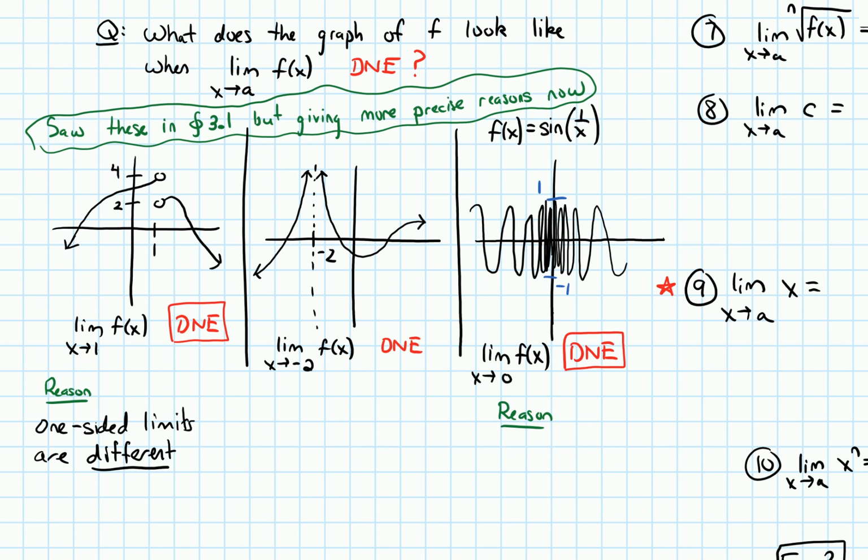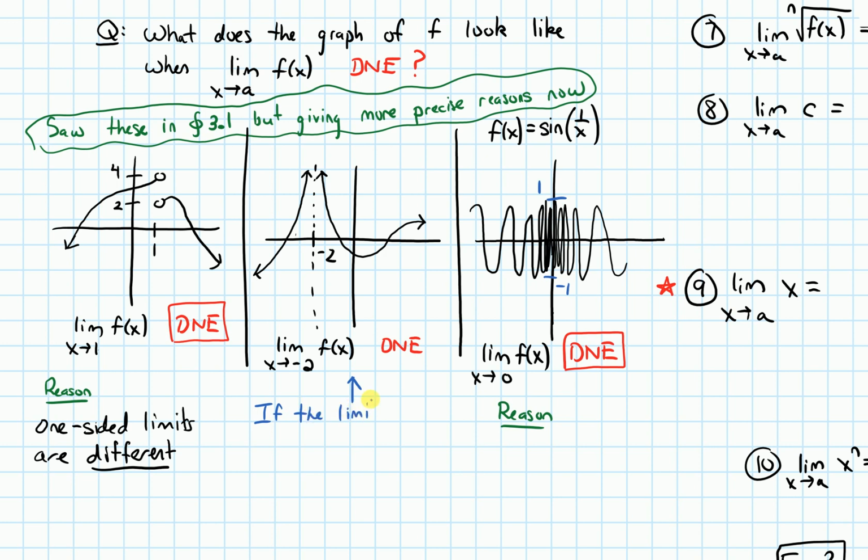Okay, so for the second graph, where I have this vertical asymptote and my graph is getting really, really large on either side of the vertical asymptote, I want to review a little bit of notation before we talk about the reason why the limit does not exist. So in this graph, we run into a scenario, but I want to state a more general version.